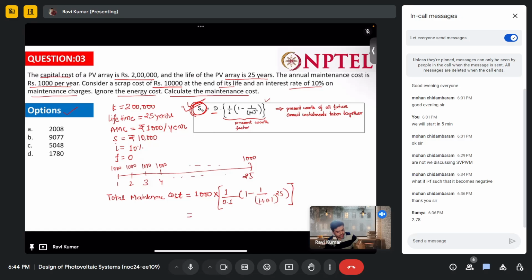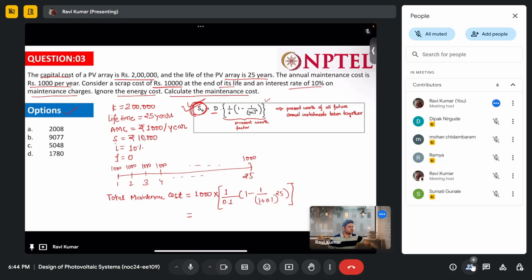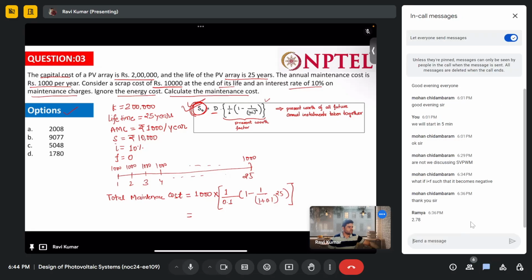Just solve it and let me know. If we do so, how much we are getting?